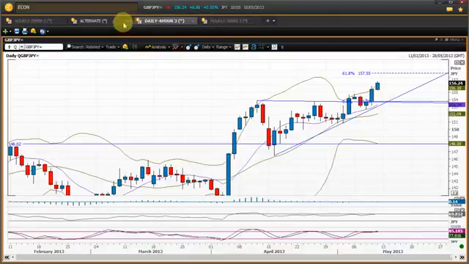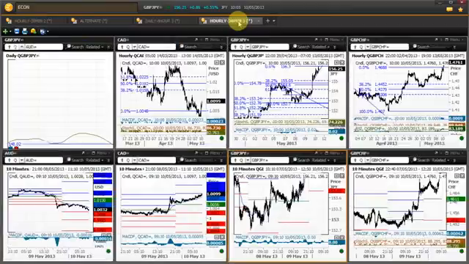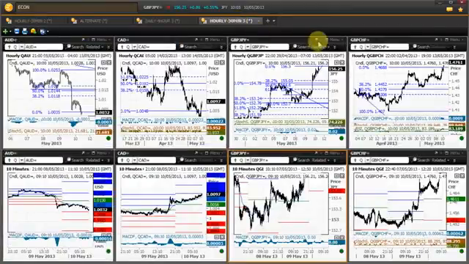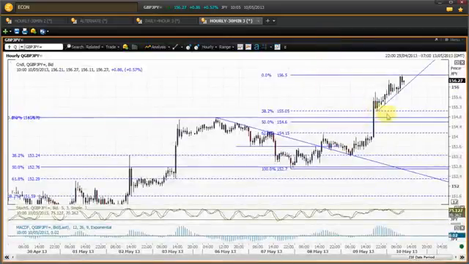But let's flick over to the hourly chart and show you this. We've got this very clear upward sloping trend line. This is very short term, from yesterday's move pop to the upside.